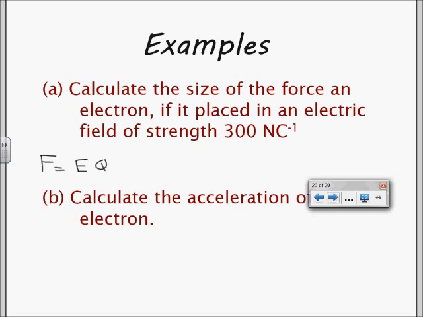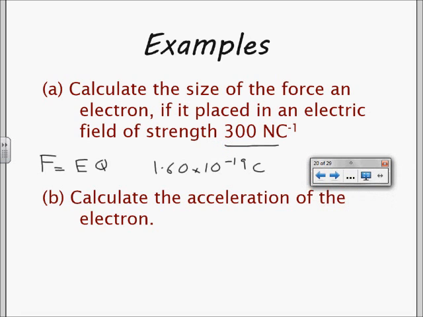So in this particular case, you're using the E value and you're going to use the charge on the electron, 1.60 times 10 to the negative 19 coulombs. And then to calculate the acceleration of the electron, once you've got the force, then acceleration equals force divided by mass, F equals ma. But you need the mass of the electron.